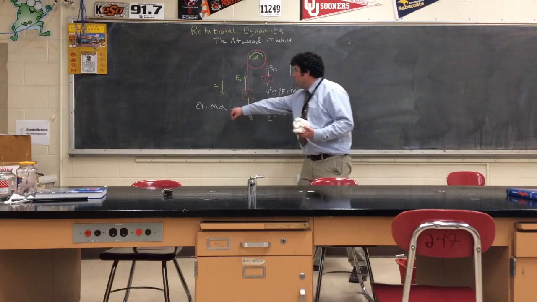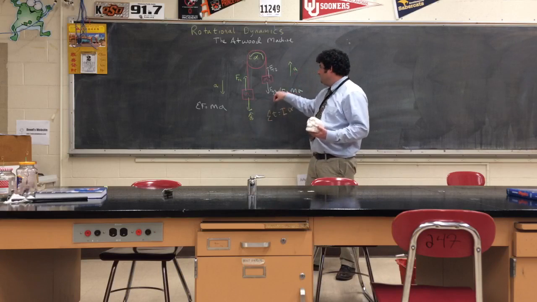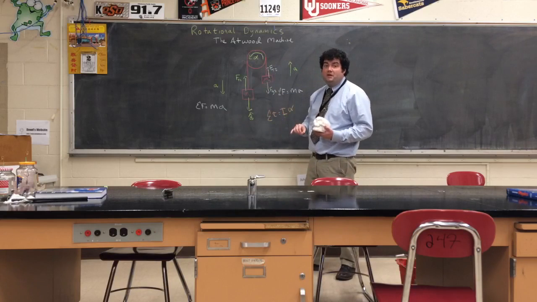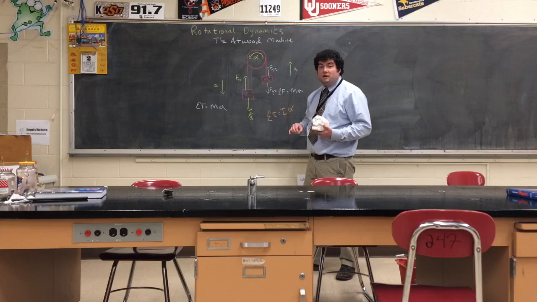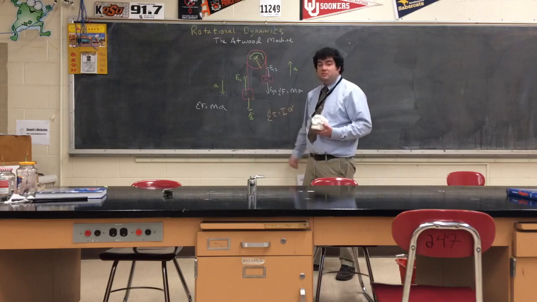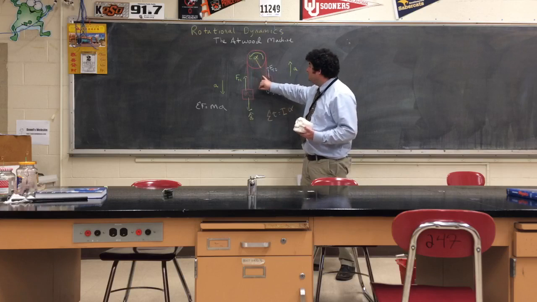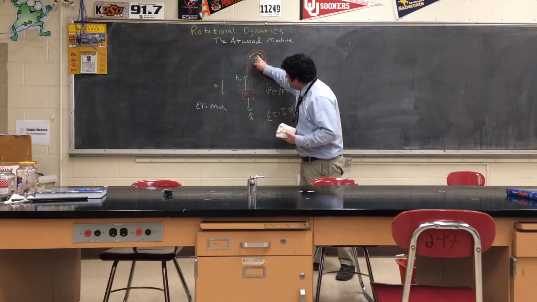So we're going to use these three equations, the sigma F equals ma for this block, the sigma F equals ma for this block, and the sigma tau equals I alpha for the pulley, in order to solve this problem. We're going to figure out about this acceleration. We have to, of course, keep in mind that with torque, the distance from the axis of rotation is important, so we'll have to measure this radius.